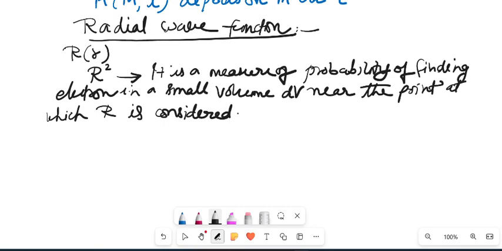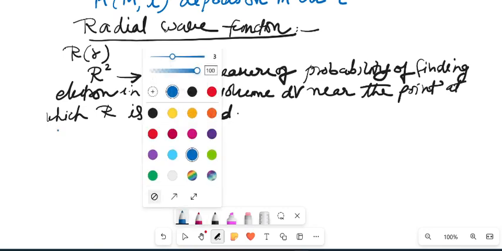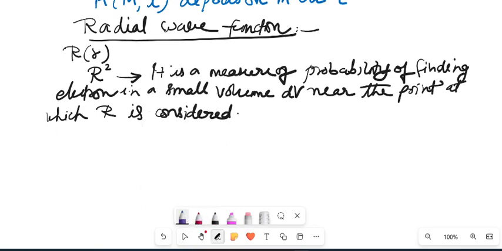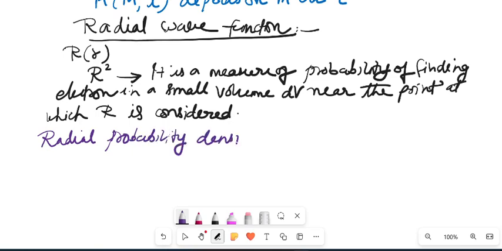Now, the radial probability density, that is the radial part at a given point, is R square. It represents the probability of finding the electron per unit volume at that point. How is it obtained?